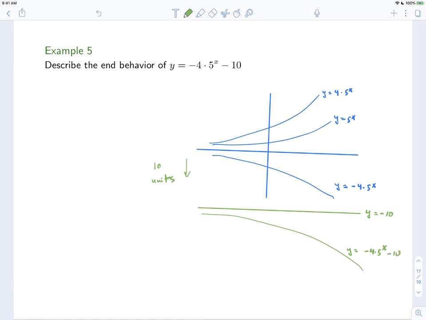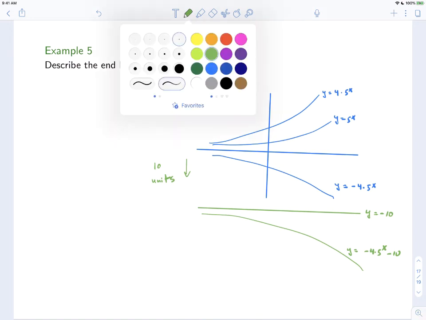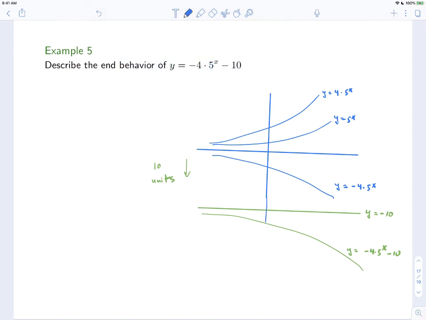Now this is not a precise graph at all, but we're just trying to determine what the end behavior is. Okay, so we can see that now just from looking at the graph. You can see as x goes to infinity, this thing is going to drop. It's going to decrease without bound.